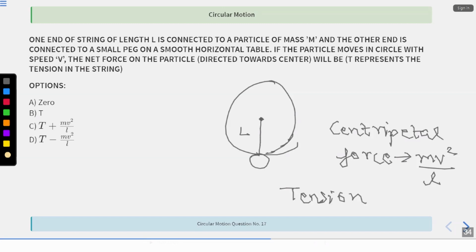So therefore, the net force will be equal to the tension. So the answer is option B.